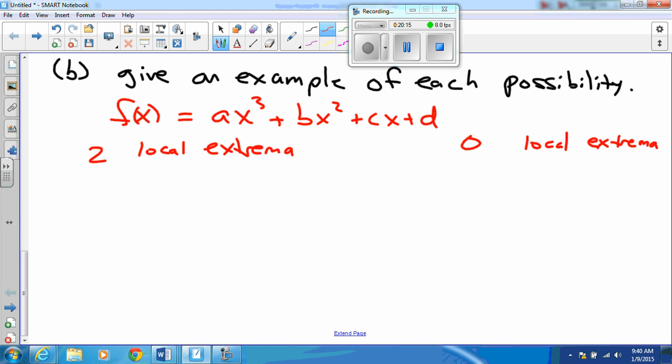Philip Park, can you give me an example of the equation of a parabola that touches the x-axis, that is tangent to the x-axis? This would be a zero local extrema case.